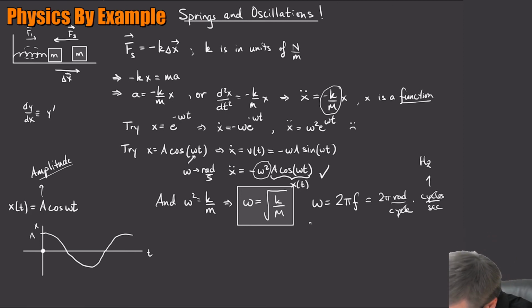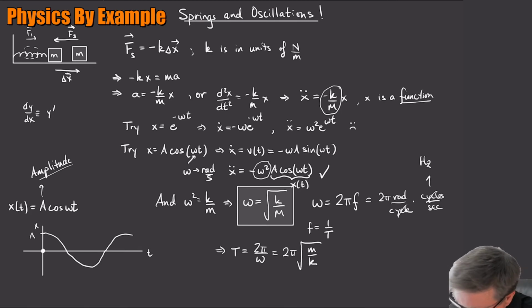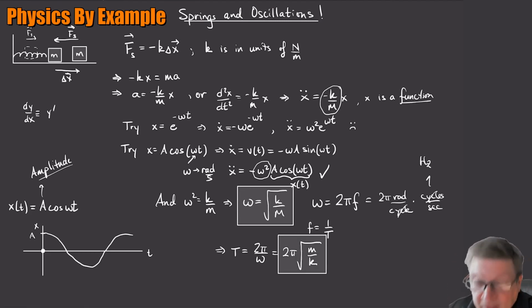So frequency is 1 over the period, T. Usually T is used for period. So that means that T is just 1 over f. And so that'd be 2 pi over omega. And so that would be 2 pi times the square root of, I'll just flip the omega, m over k. Okay, this is another one that we'll be using quite a bit also.